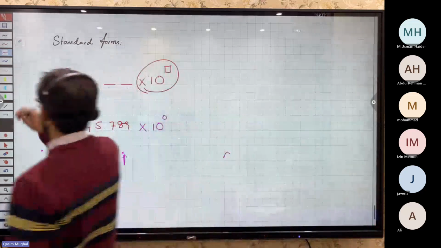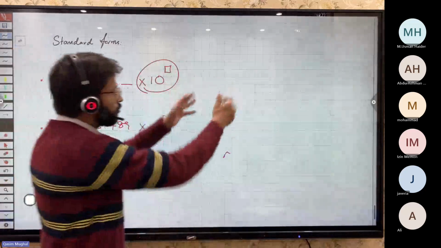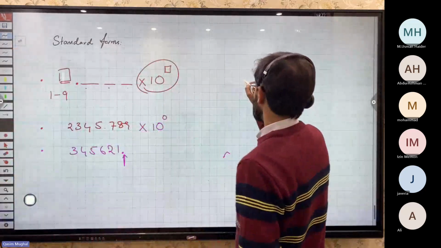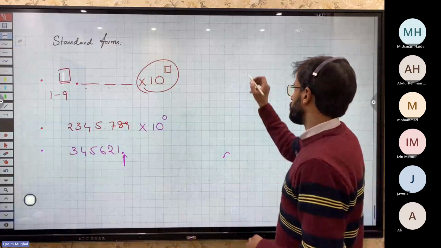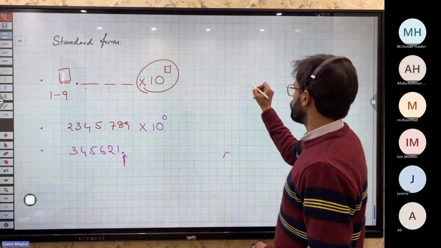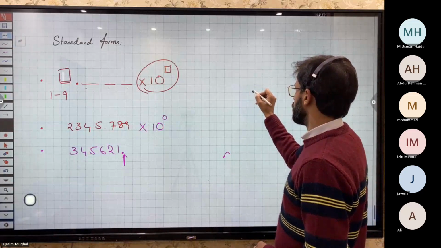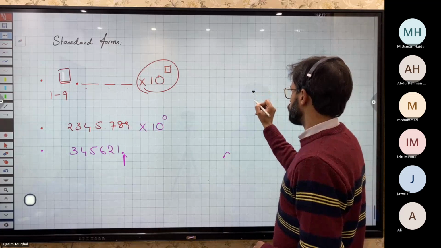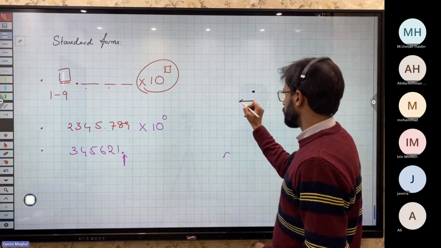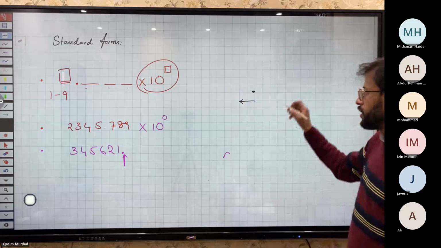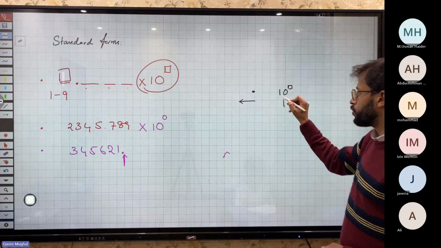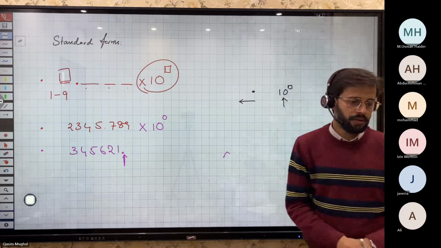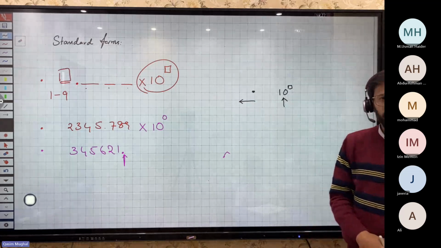Now moving towards the rule. I'm going to write down the rule here. Remember the rule. I'll tell you the mathematical reason later on. But first of all, remember the rule. Whenever you move the decimal to the left, the power of 10 goes up.